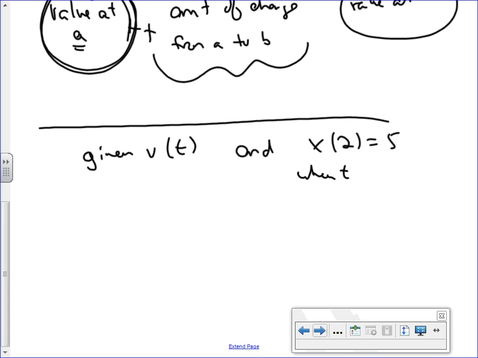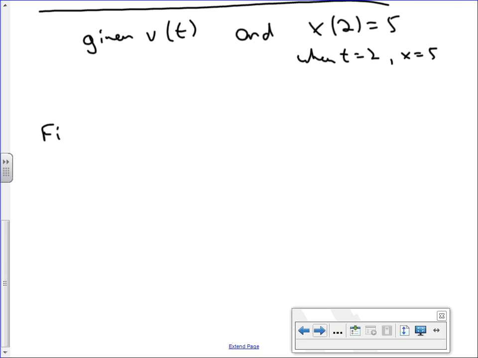When t equals 2, x equals 5, they like to write it like that. And then I ask you to find the change in position from t equals 2 to t equals 10.